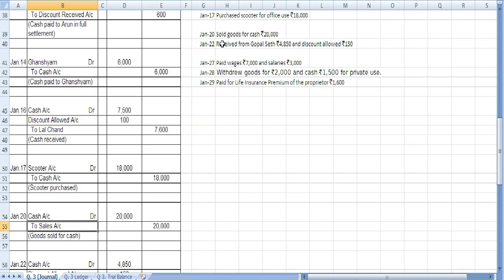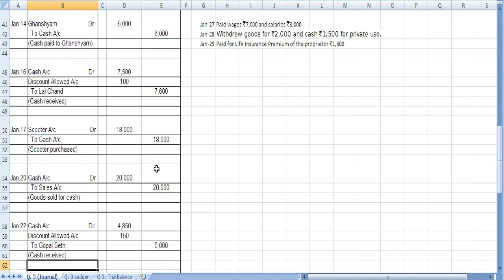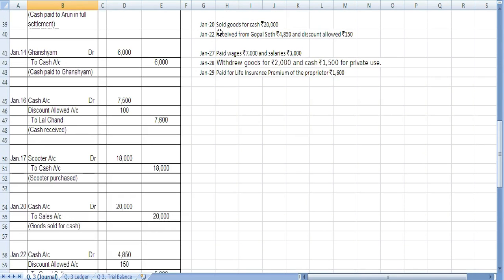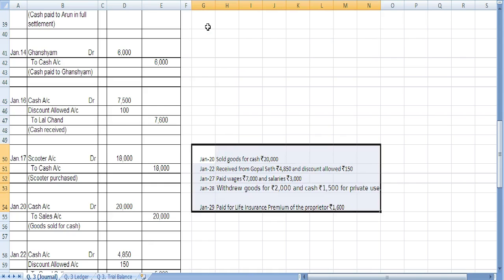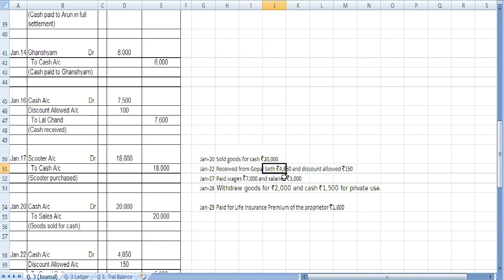Then we have January 22, received from Gopal Seth 4,850 and discount allowed 150. That means the settlement is for 5,000. Okay, so here we are receiving a cash of 4,850 from Gopal.